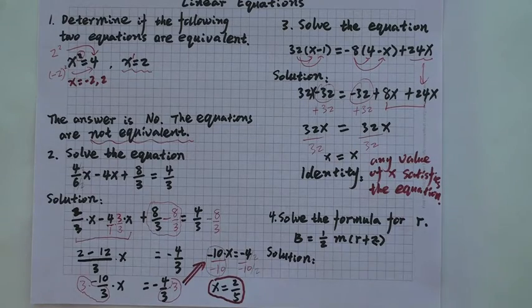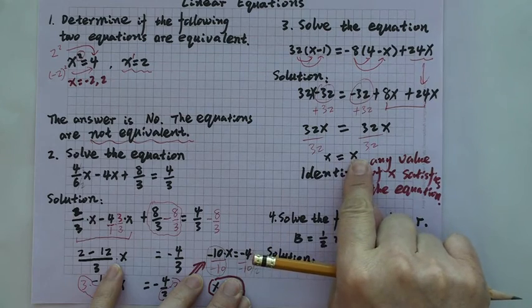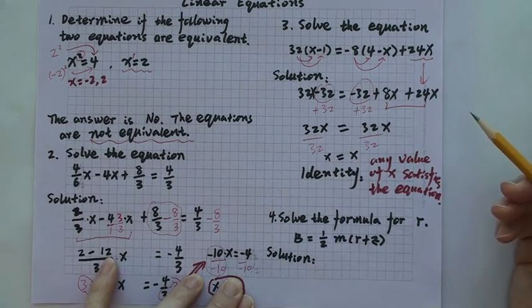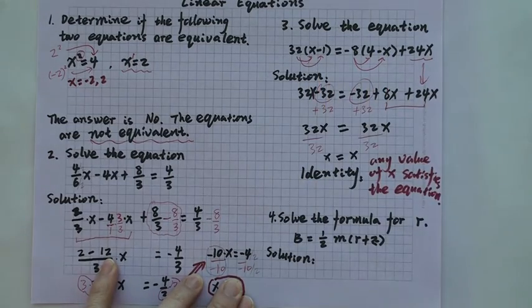It means you plug in the value 1 here, 1 equals 1. You plug in 2 here, 2 equals 2. So you plug in any value here, they're going to be equal.